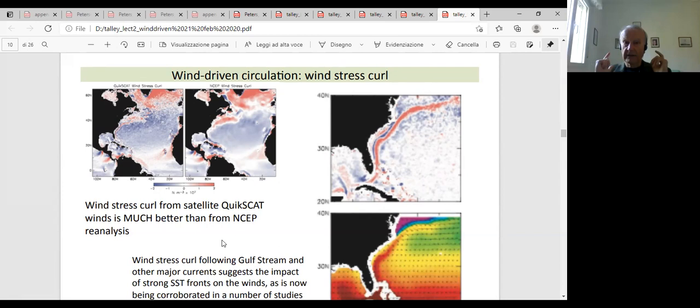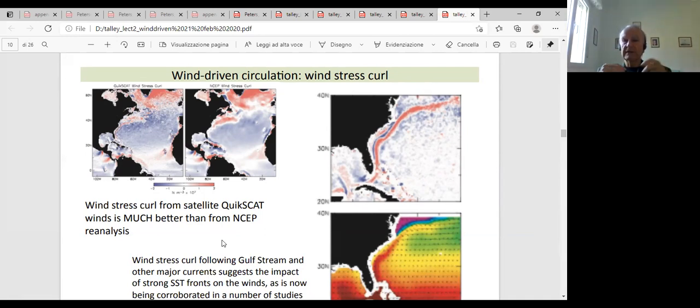Because from the potential vorticity conservation, we know that if we create negative relative vorticity, the water column has to move southward and vice versa.